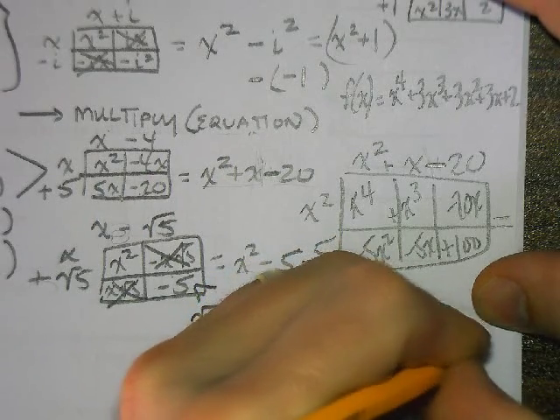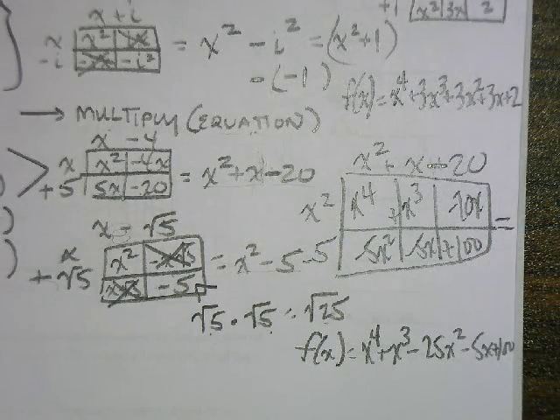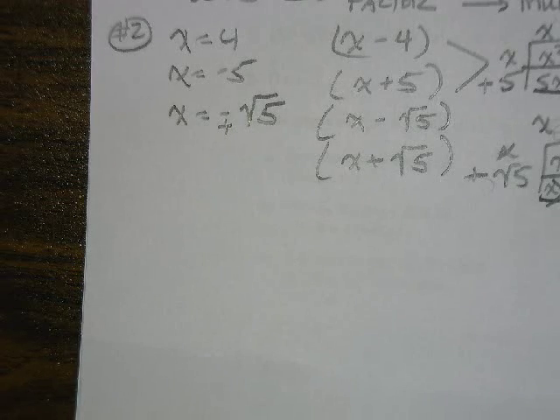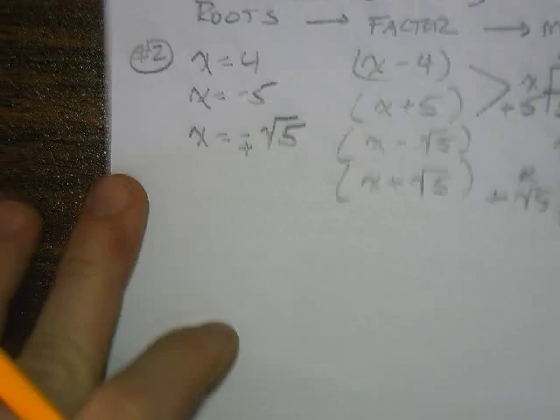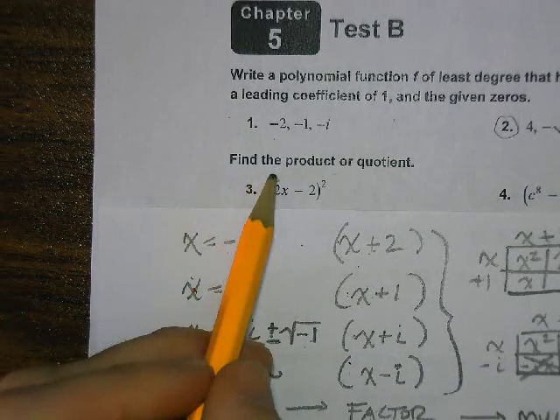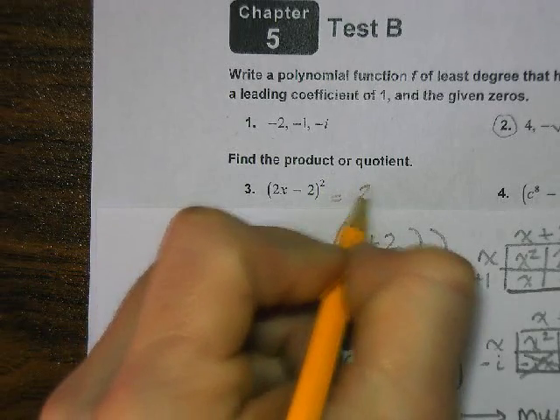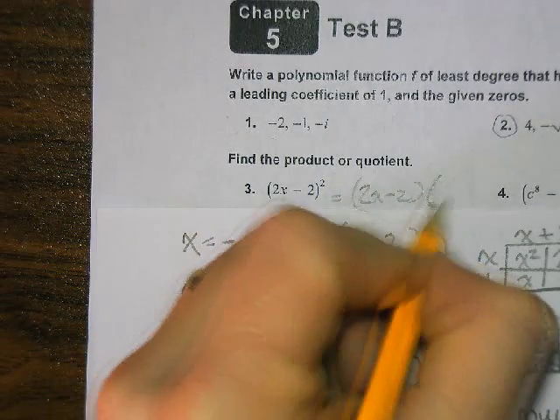So let's take a look at number 3, which says 2x minus 2 quantity squared. I would expand this out to just say 2x minus 2 multiplied by 2x minus 2. We'll get into our exponent rules later, but for now we're going to multiply it this way. So 2x minus 2 times 2x minus 2.